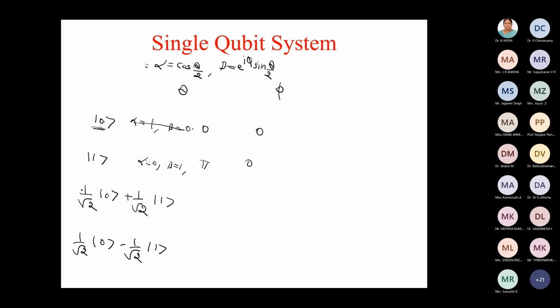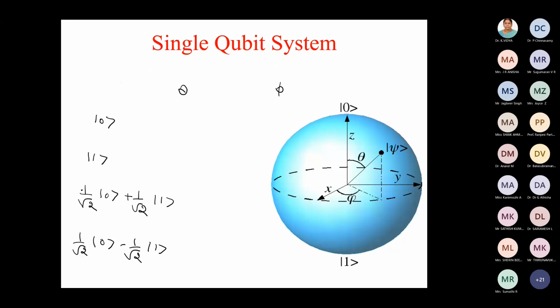So if you see these points on the Bloch sphere surface, 0 is this state, 1 is this state. The North Pole denotes state 0, the South Pole denotes state 1. Any point on this Bloch sphere surface can be a combination of these two states. Here theta is 0 and phi is 0.